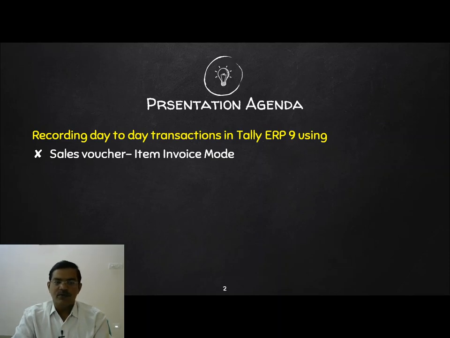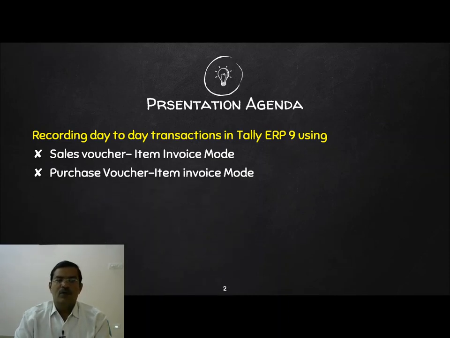But here we can use stock item invoice mode in terms of sales voucher. At the same time, we also use the purchase voucher in item invoice mode. How we can post the entries in purchase and sales in item invoice mode.